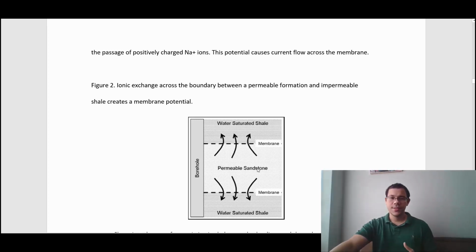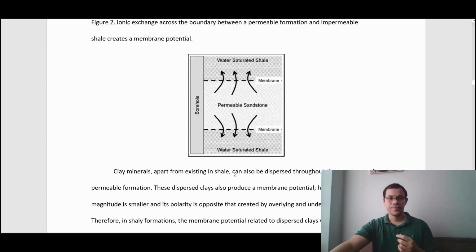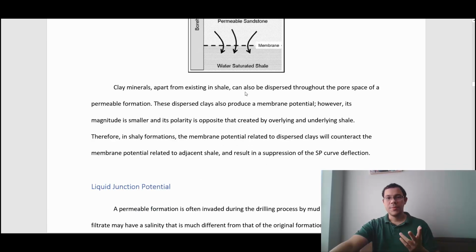You have a permeable sandstone, you have water saturated shale. When there is a difference in salinity, ions start to move from this area to this area. So in this membrane, that small potential is created. So that is membrane potential.